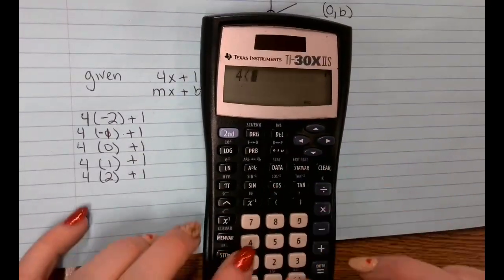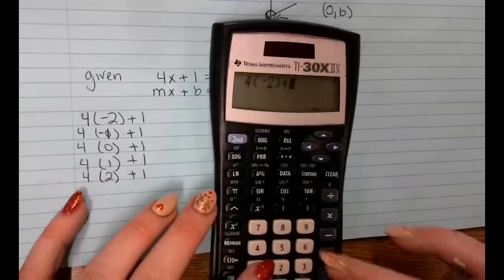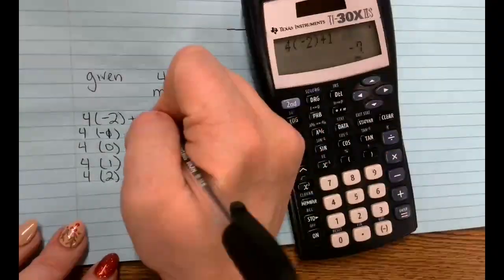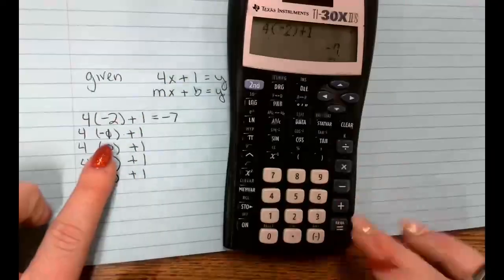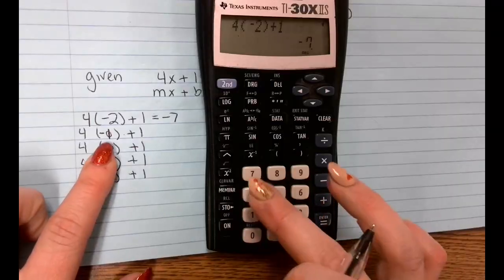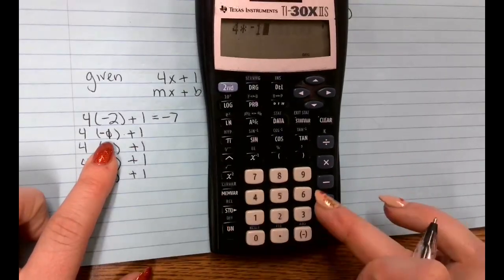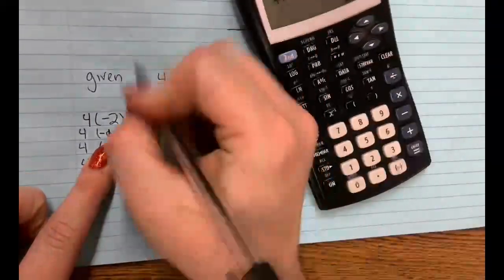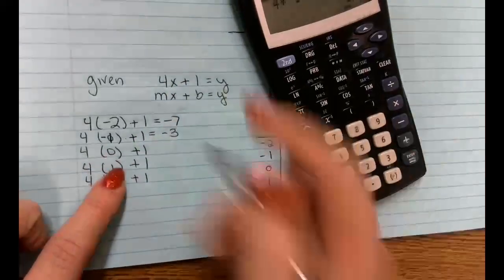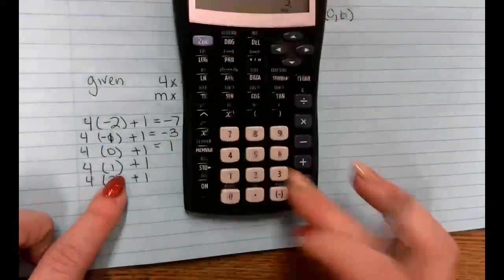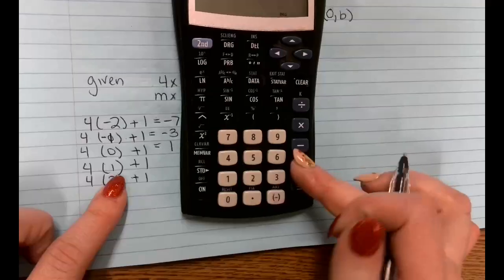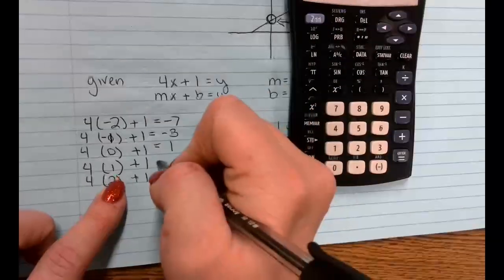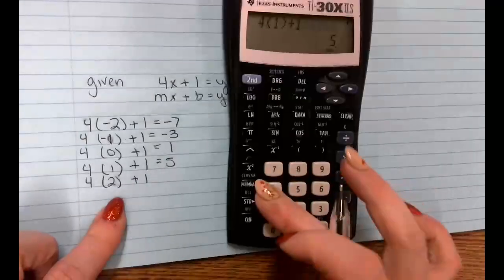So if you struggle with graphing, remember, you can actually find a bunch of coordinate points and graph that way. You don't have to just count or do your rise over run or plot your y-intercept and move. You can find points on your line and then graph those points. This is called making a table.